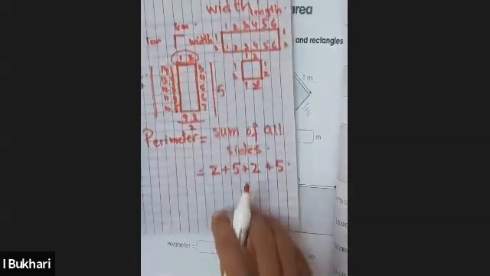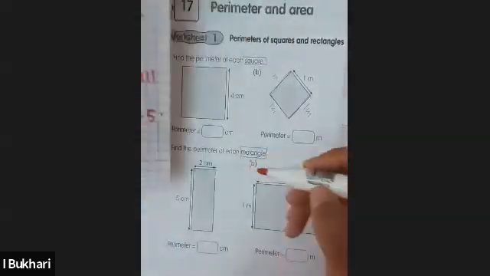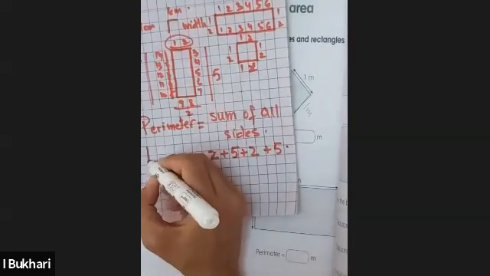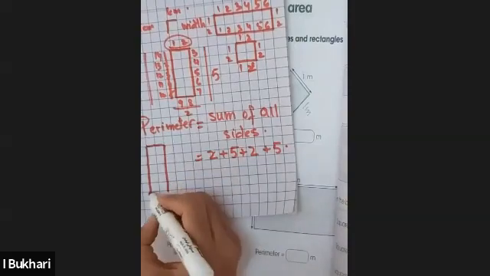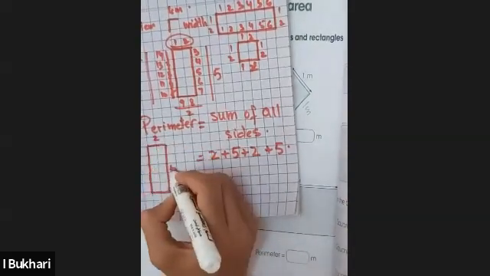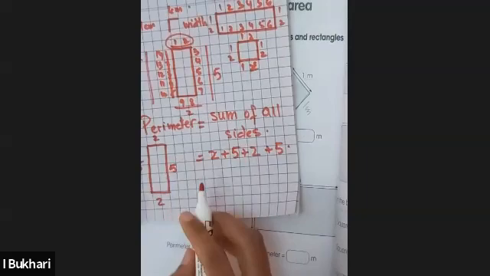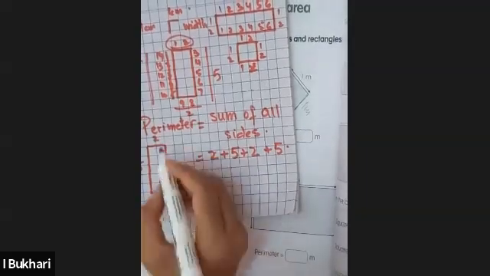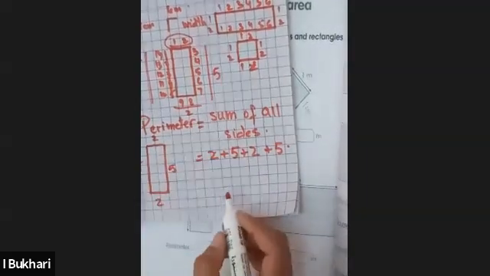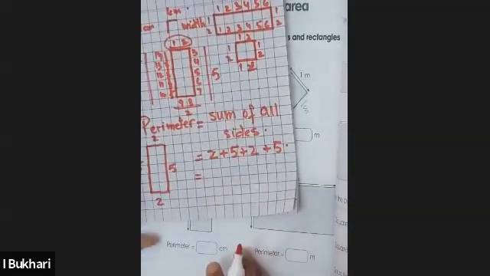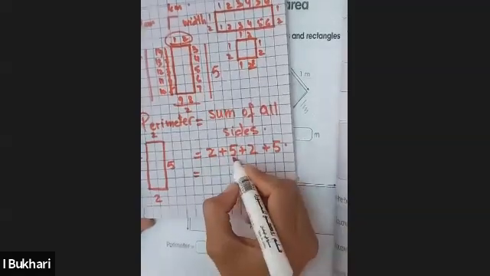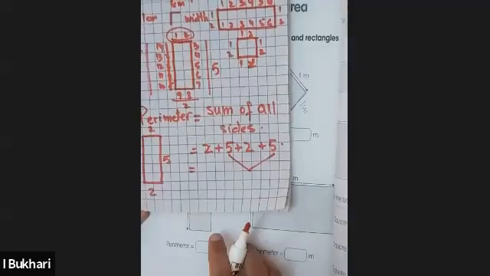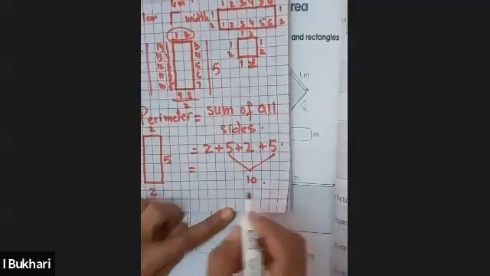I'm going to make this again because it got a little messy, so I'm making a fresh rectangle here. I will write down the lengths: this is 2, this is 5, this is 2, this is 5. So 2 plus 5 plus 2 plus 5. Now, this is easy, right? 5 plus 5 is 10. Good job, Zainab.